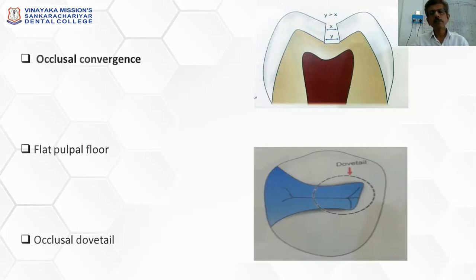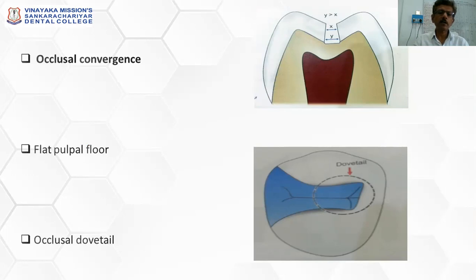This sort of convergence, even though initially you can do it with the burr, can later be further deepened by using the inverted cone burr, especially while you're flattening the cavity. The next is a flat pulpal floor. This is all to do with the dissipation of forces. You can get a flat pulpal floor not just with the straight fissure burr, but also with an inverted cone burr.